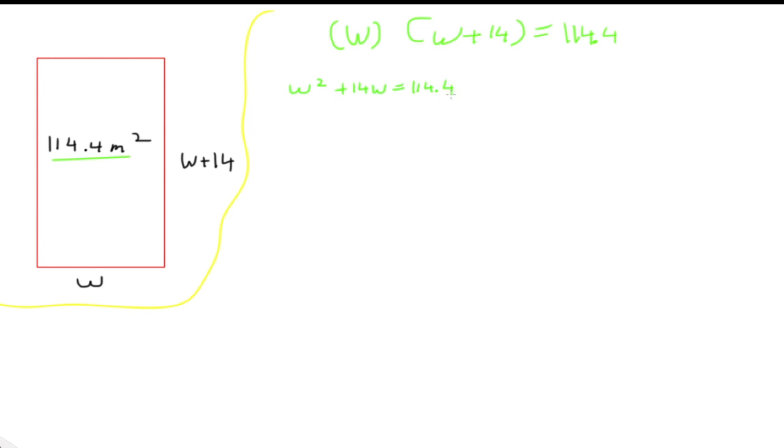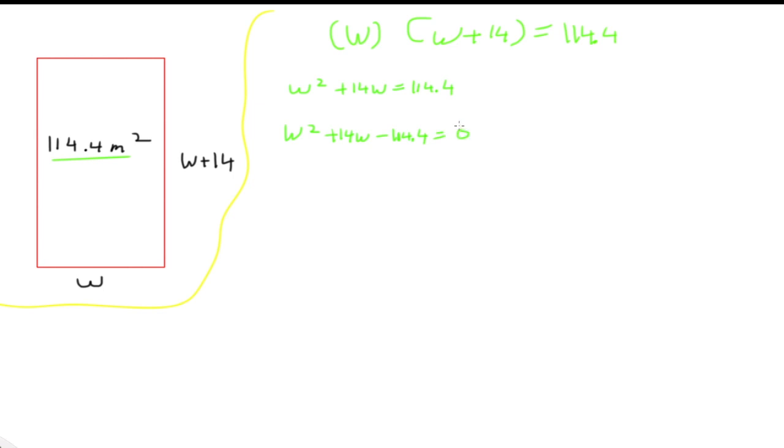Now, since it's a quadratic equation, you want it to equal 0. So you just repeat this and do w squared plus 14w minus 114.4, because you subtract the 114.4 from this side and you subtract it here. And now this will be equal to 0.